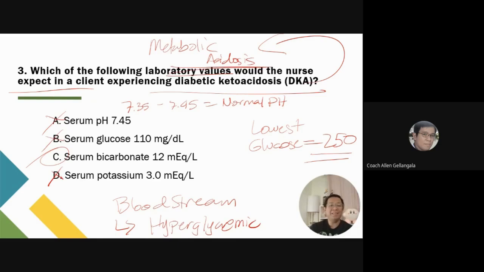So anything that is below 16, in some books it's below 20 or below 18. Lippincott says it's 18 to 27. Saunders says it's 20 to 25. So anything below 18, let's put it as the main basis. Anything below 18 for sodium bicarbonate could be considered acidic. Okay, so are we passing? Hopefully we are passing, guys.